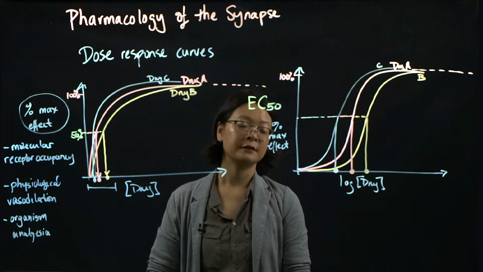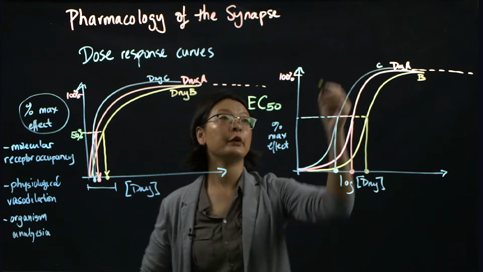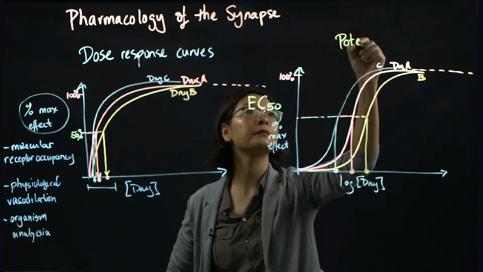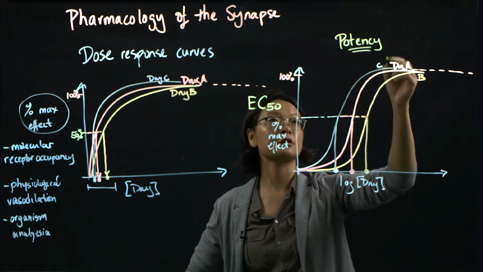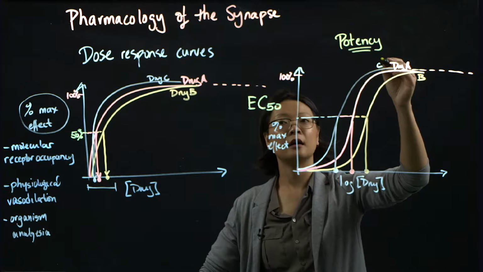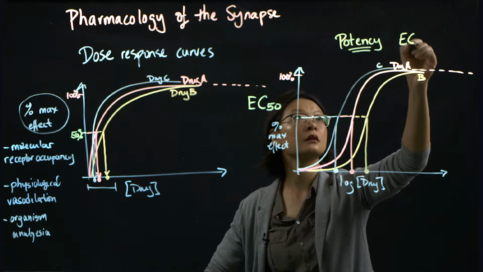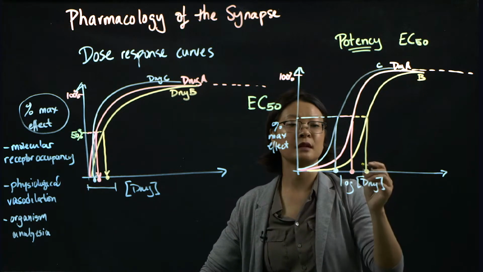Linked to the EC50 is the concept of potency. Potency is a measure of the effective concentration at 50%.